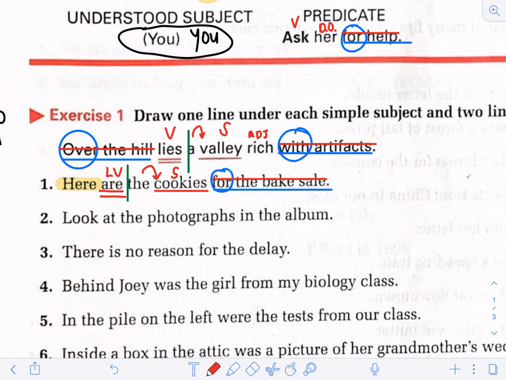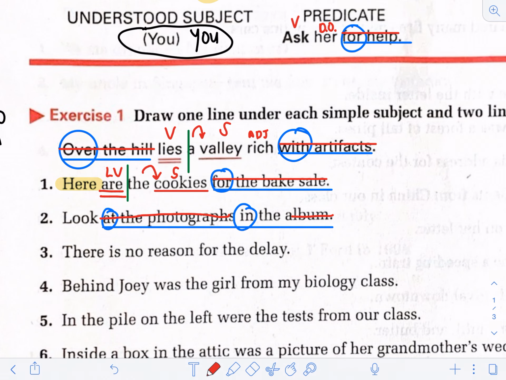Number 2 says, look at the photographers in the album. Now this one's tricky because we have 2 prepositional phrases. Right off the bat, I am noticing that this is a prepositional phrase and this is a prepositional phrase. And so you might be thinking to yourself, well, that means there's no subject.